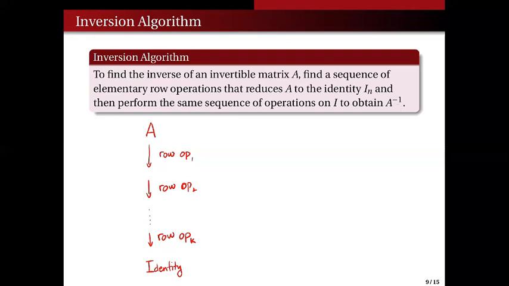So meaning, if I have I in here, and I apply row operation 1, I'll get some matrix. I apply another row operation, and I do this all throughout and apply row operation K. I will get a matrix in here.